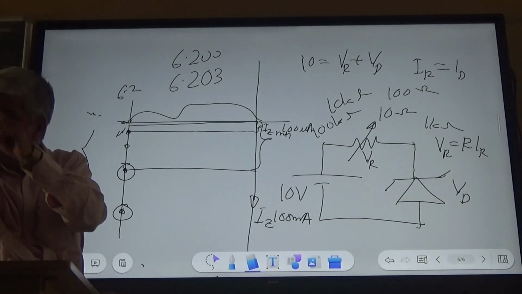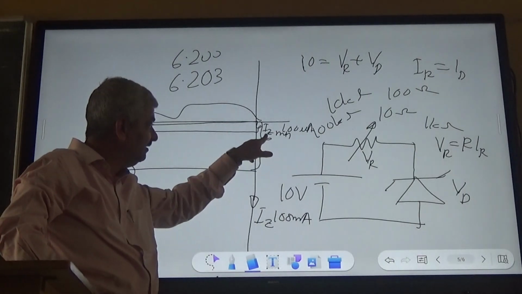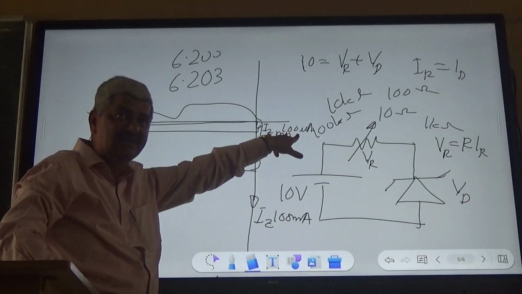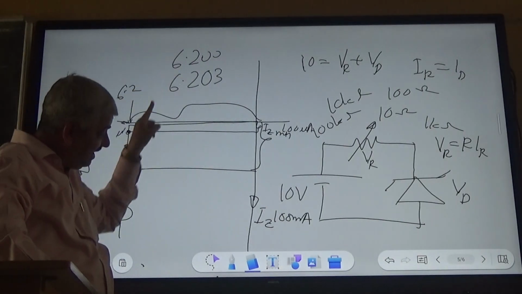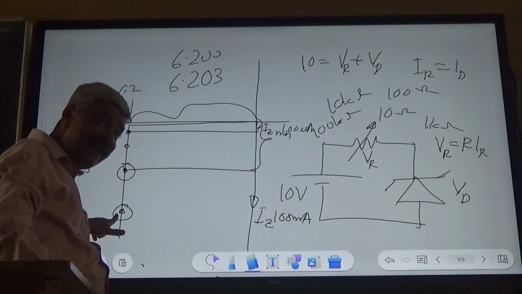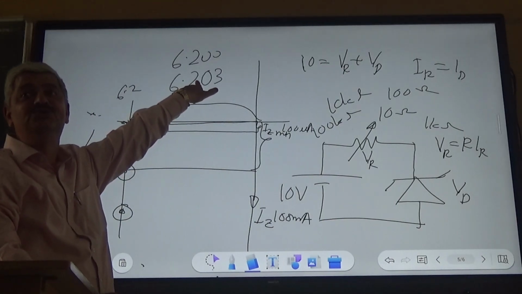So when Iz is 100 microamperes, the voltage across is 6.2 volts, and when Iz is 100 milliamperes, the voltage across is 6.203 volts.